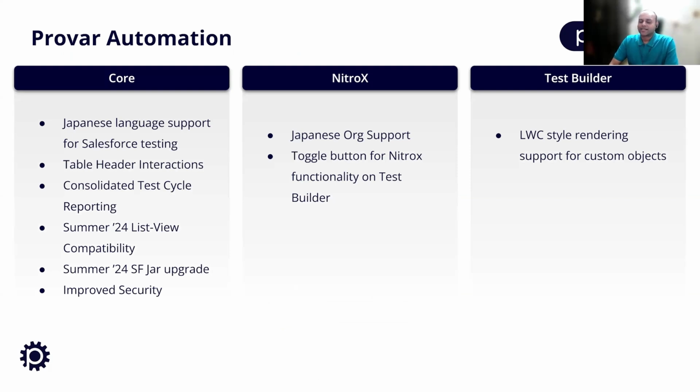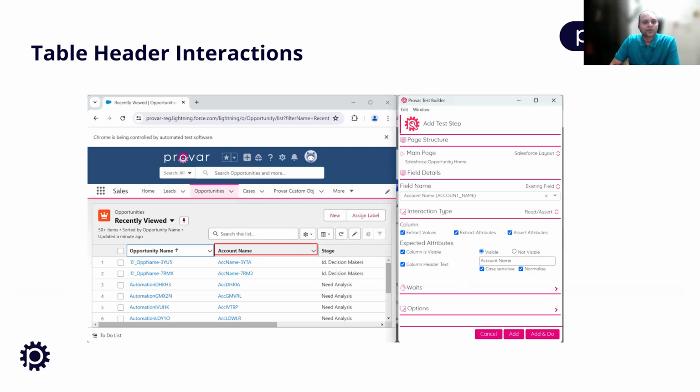On the NitroX side, as we saw, we support the Japanese characters, and we now have a toggle button for switching NitroX on or off. Test Builder also has been updated with LWC Style rendering support for custom objects. And we can quickly look at some of these examples in the upcoming slides.